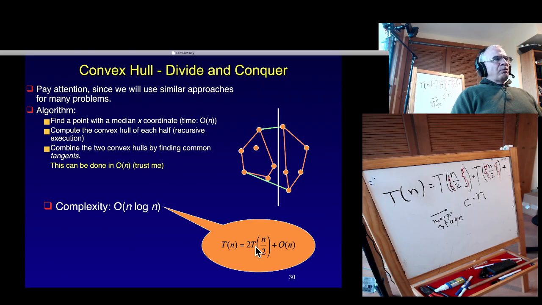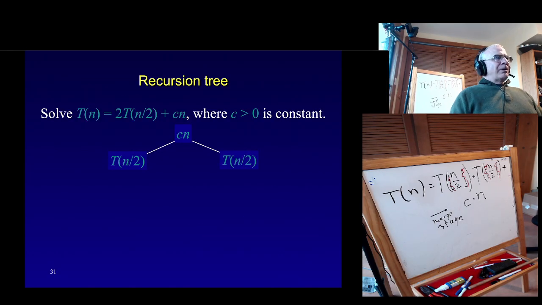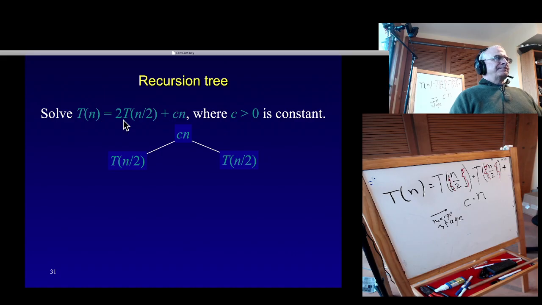But what is the overall running time of the algorithm? I'll think about a way to visualize the overall execution of the algorithm. A way to visualize the overall execution would say, what stages does the algorithm do?